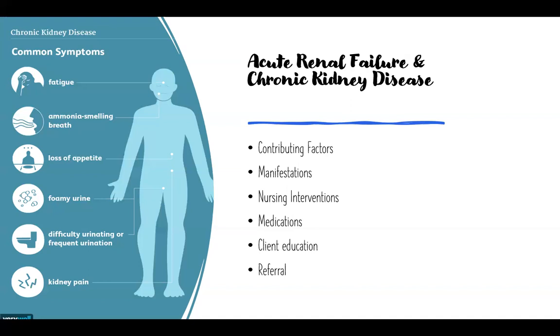We also will administer epoetin alpha to treat anemia. Remember, your kidneys make that hormone erythropoietin. Epoetin alpha will be given because the kidneys are not able to make erythropoietin, and this epoetin alpha will help with the synthesis of red blood cells.